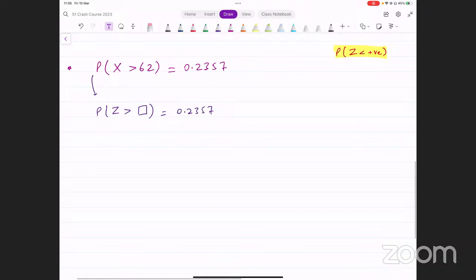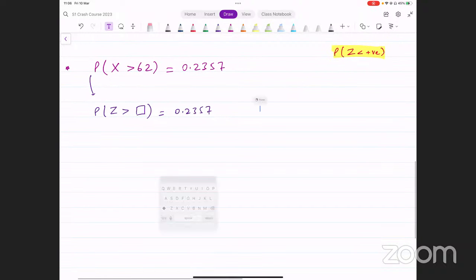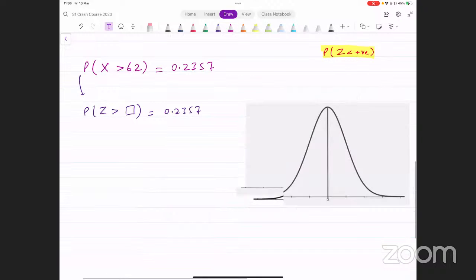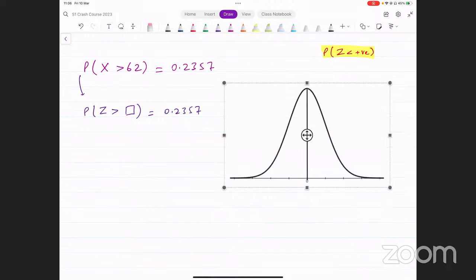Now, again, how do we think about it? We can think of the normal distribution curve. This is how the curve looks. It says probability of Z greater than this value. That means area to the right of this value.